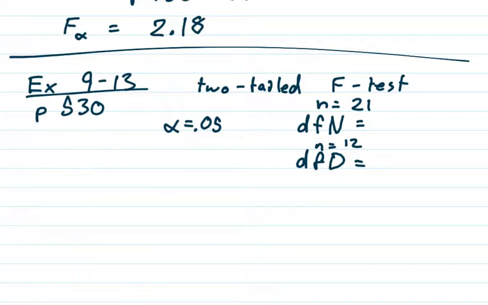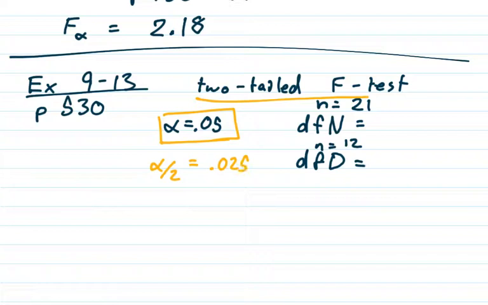Okay, so I've got all of that recorded. Now, what I had mentioned earlier, we have a two-tailed F test, and so we're given this value for alpha, but whatever that is, we have to take that and divide it by 2. So for a two-tailed test, we have to use alpha divided by 2. I'll show you a little bit more about that in just a second.